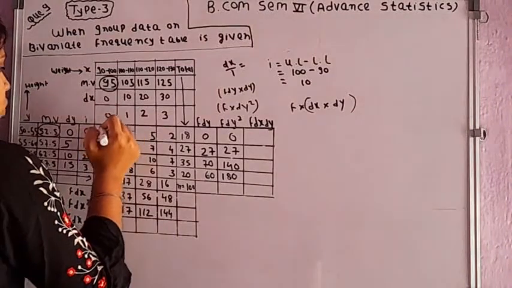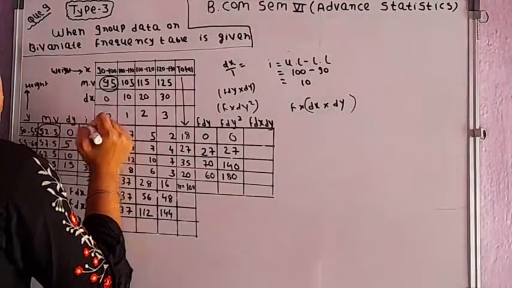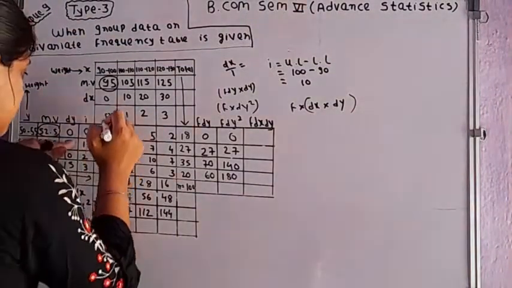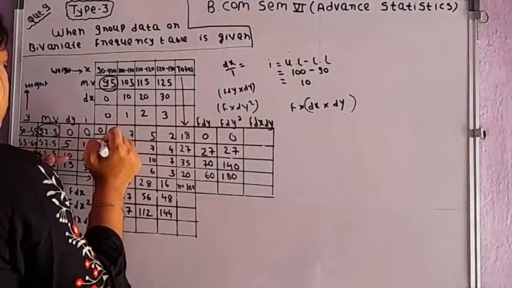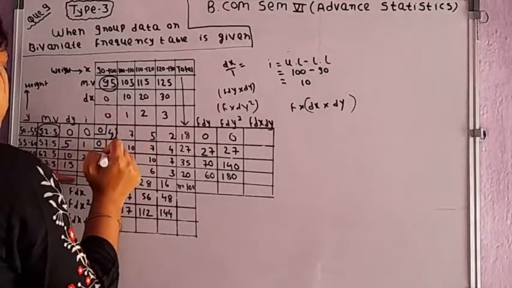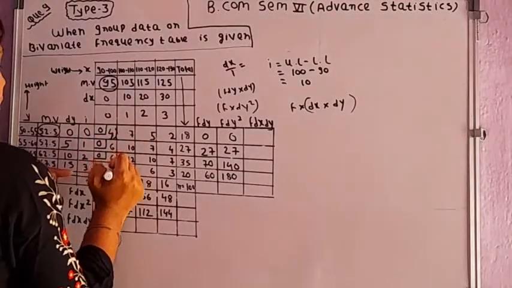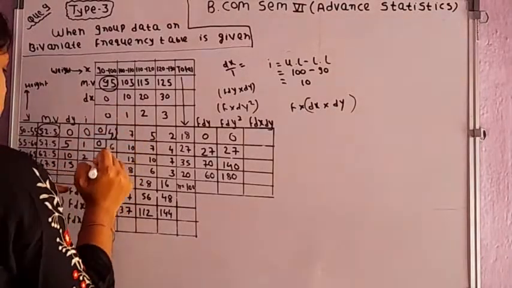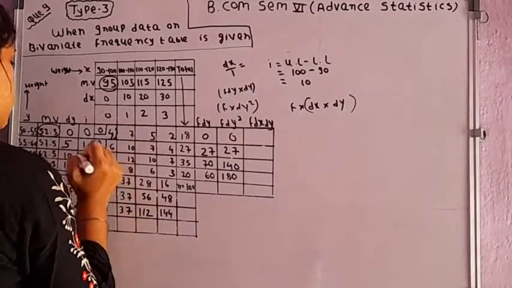Okay. So that is why let's begin. 4 into 0 into 0. It becomes 0. Then 6 into 1 into 0. Again 0. 6 into 2 into 0. Again 0. 3 into 3 into 0. So here again 0. Okay.